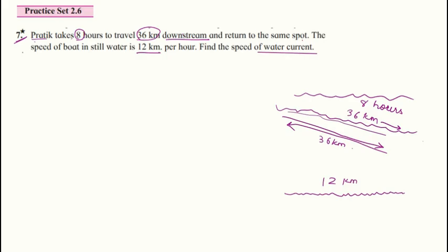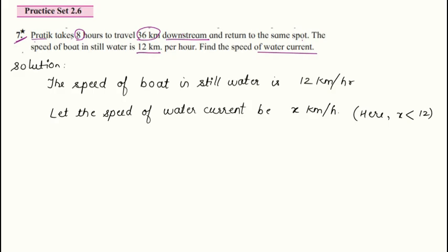Let's find this now. Let the speed of boat in still water be 12 kilometer per hour. This is already given. Pratik takes 8 hours to travel 36 km downstream and return to the same spot.